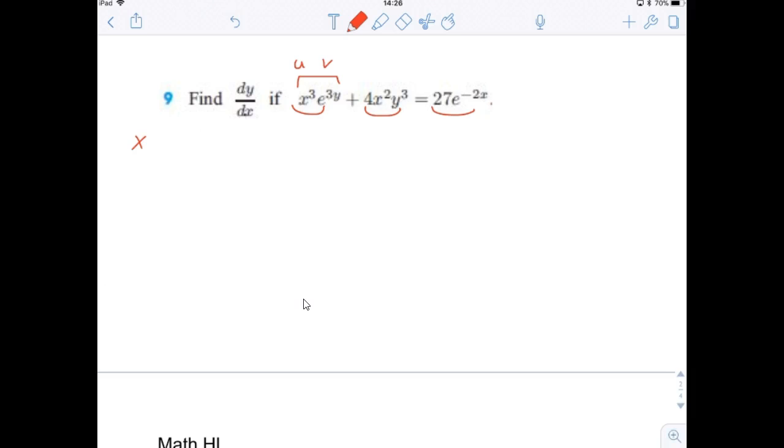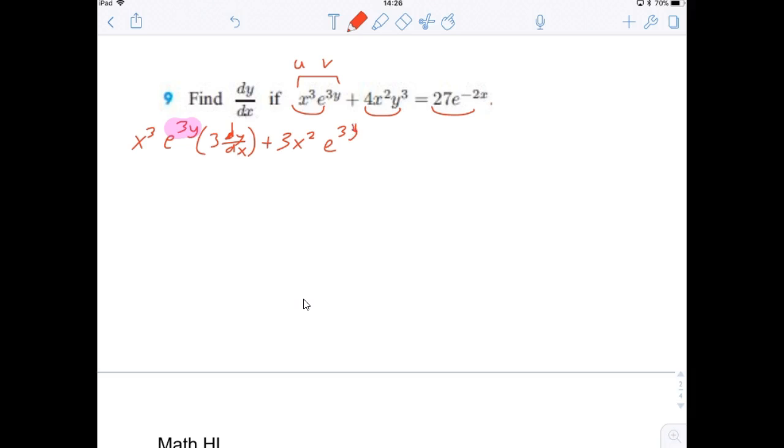We're going to have x cubed times the derivative of e to the 3y, which would be e to the 3y, not power rule, chain rule, 3 dy dx, because 3 dy dx is the derivative of this exponent, right? And then we need to do u dash, which would be 3x squared, times v, which would be e to the 3y.